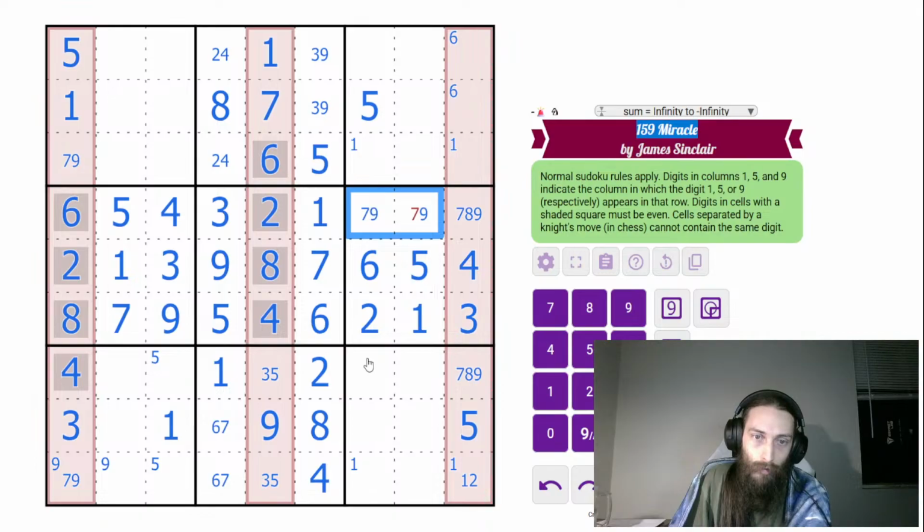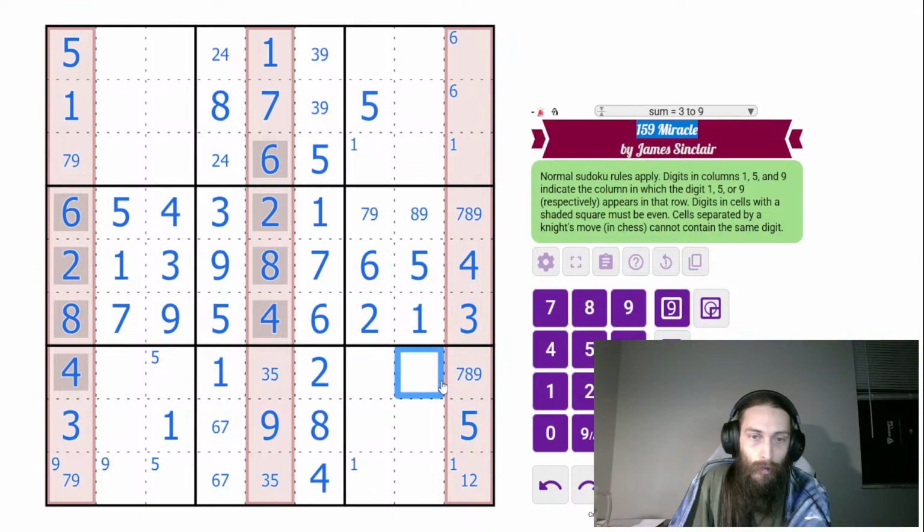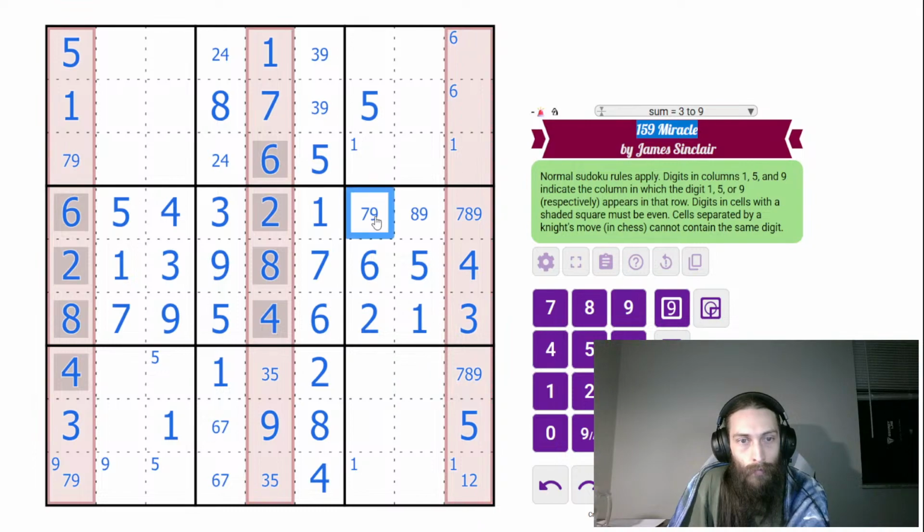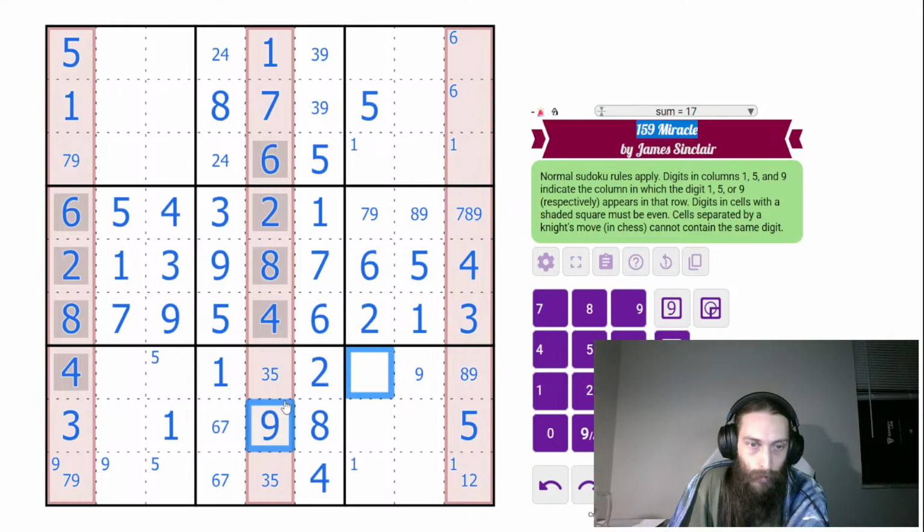In fact, I still need high digits in the box entirely. Well, and since the 7, 8, 9 is in the 9 column, in box 9. Well, apparently that can't be a 7. This is ruled out by that one there.